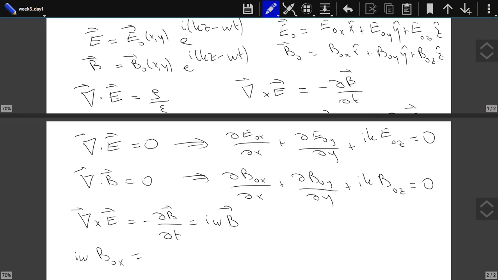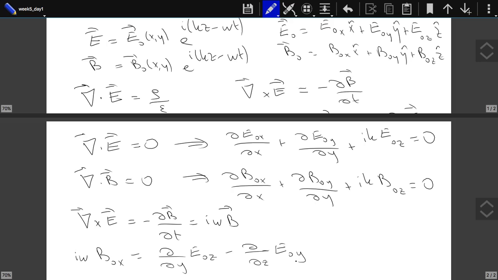The x component of the curl of E. What is the x component? Do you agree?